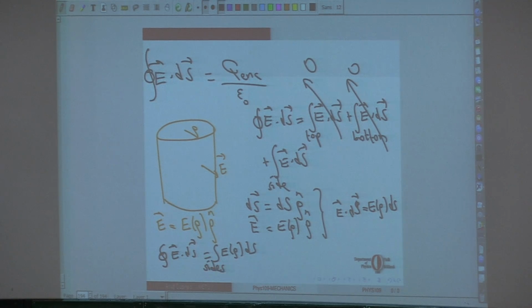But you see, since we have chosen a cylinder, on the sides of this cylinder rho is a constant. That is why we had to choose a cylinder, because rho is a constant. Since rho is a constant, the magnitude of the electric field on the sides of the cylinder is a constant, so I can just take it out of the integration sign.